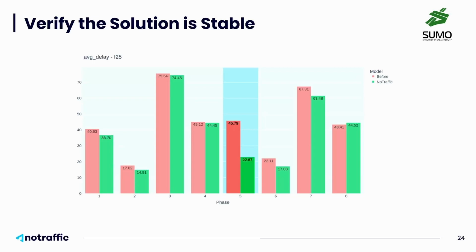Another interesting thing to notice is that the other phases haven't been affected that much, which means that in the first place, it wasn't that optimal. We improved all phases. So there was a waste of time, let's call it, or money on the floor, as I like to call it. Here is an improvement of roughly 50%.